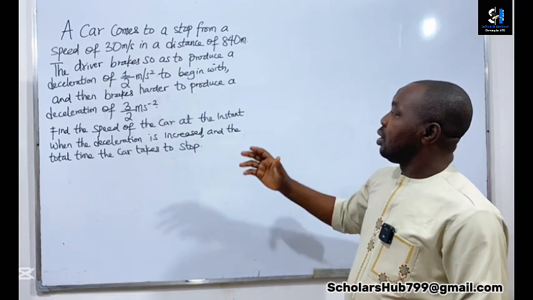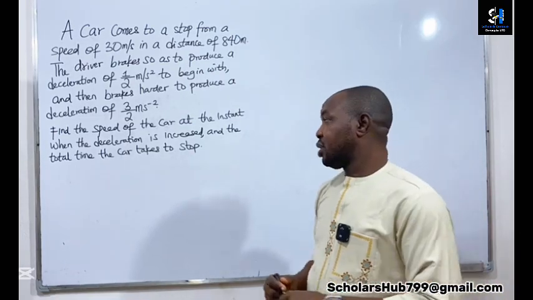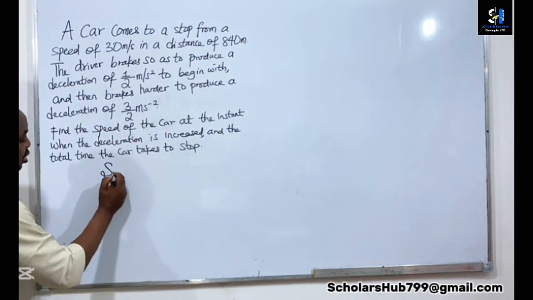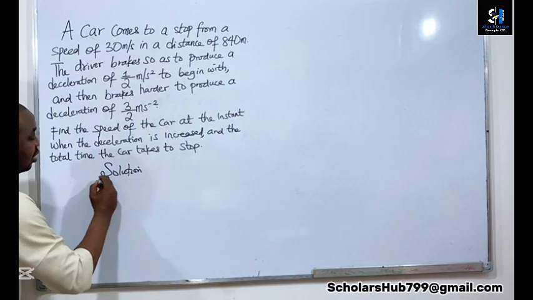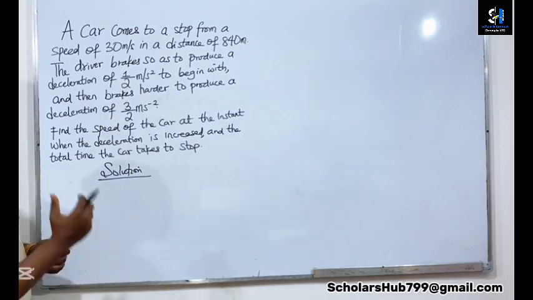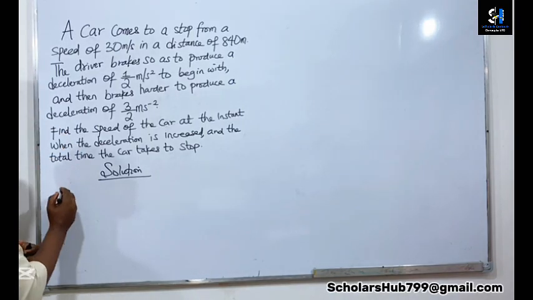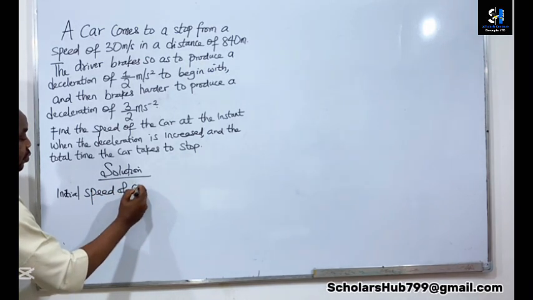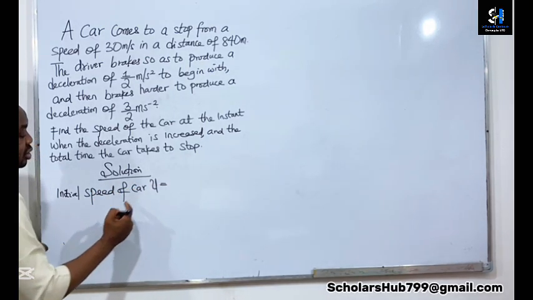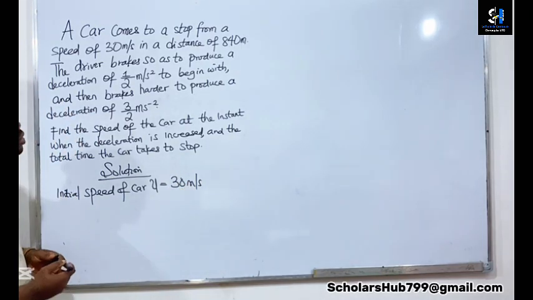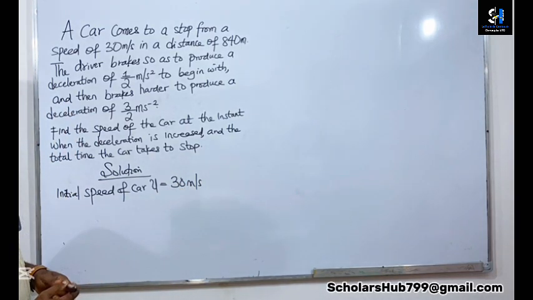So which means there are two phases in this case. Now the first phase we have a distance. Okay, let me analyze the problem. We are given that a car comes to a stop from a speed of 30 meters per second. So we can say the initial speed of the car, which is u, equals 30 meters per second, in a distance of 840 meters.